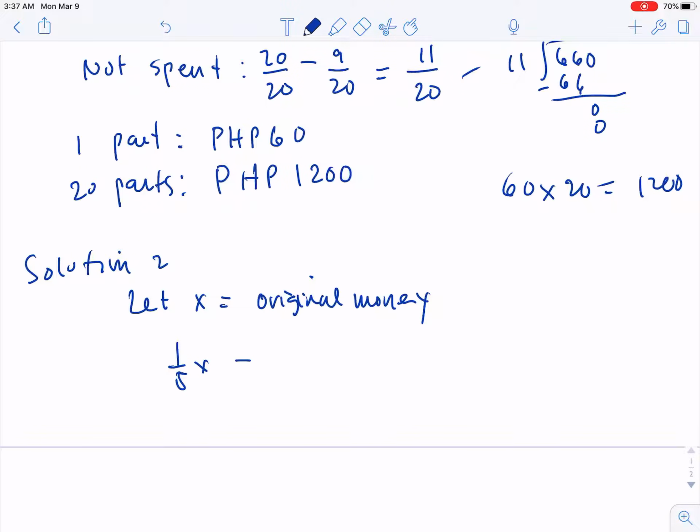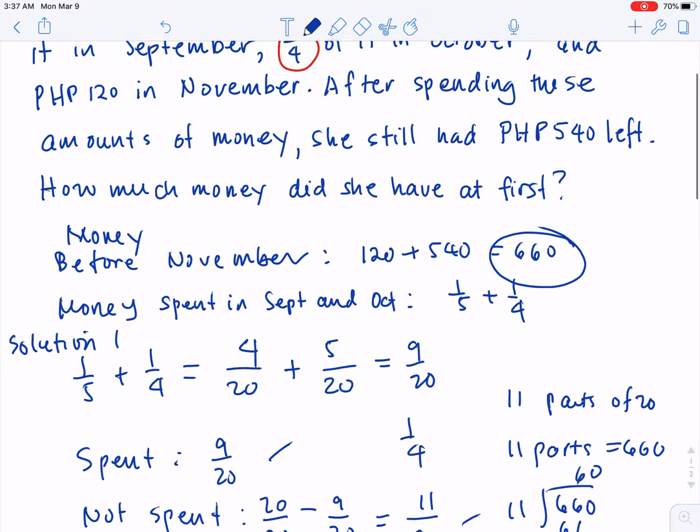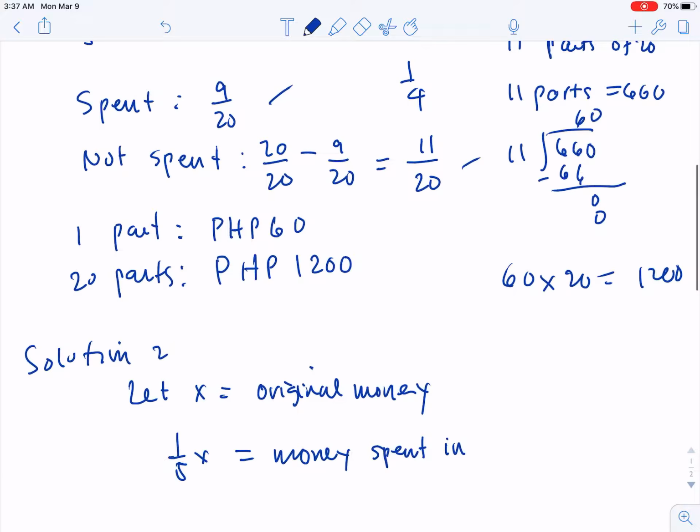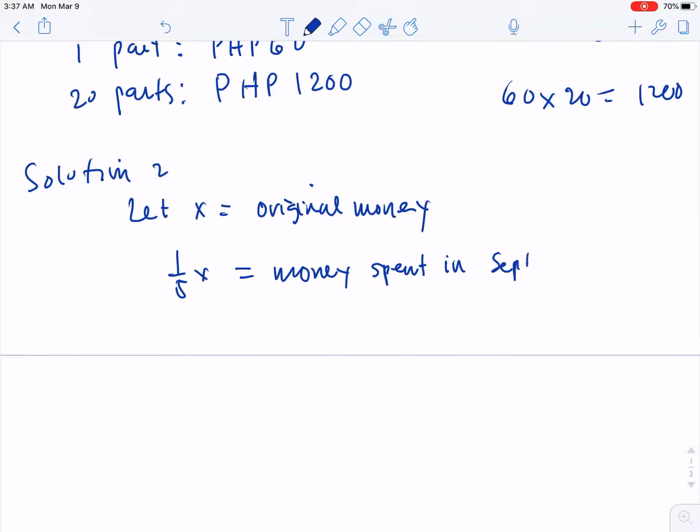Yun yung money spent in September. September ba yung unang month? Yeah, September. Tapos, 1/4 x, 1/4 of the money spent in October. Tapos, 120 is 120 pesos.